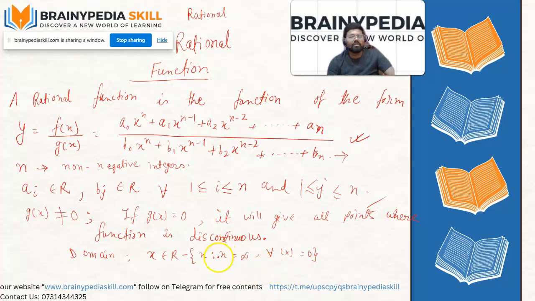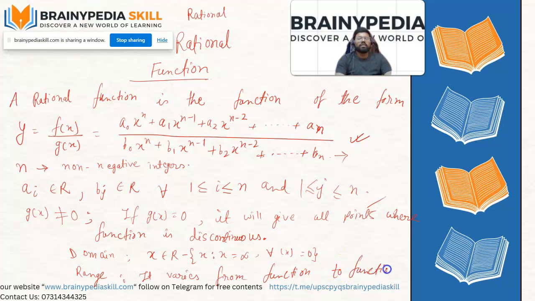Where it is 0, you need to omit those values. And what about the range? The range varies from function to function. So this part you need to remember.